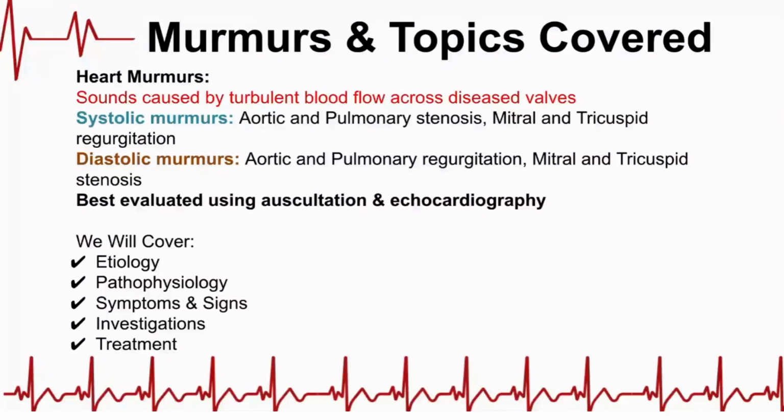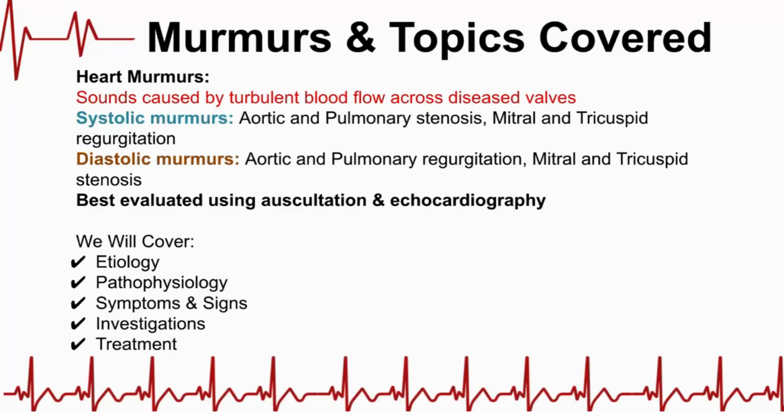So you can have murmurs during systole, or you can have murmurs during diastole. Systolic murmurs are generally to do with the forward flow of blood. So you have aortic and pulmonary stenosis, mitral and tricuspid regurgitation. These are what will give you a systolic murmur that you can hear. And diastolic murmurs deal with the backward leakage of blood.